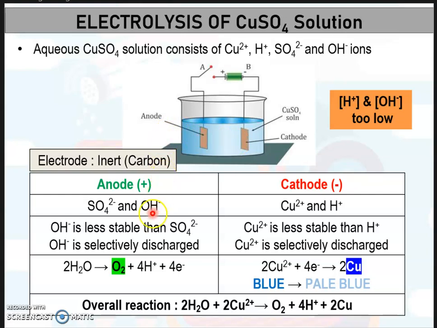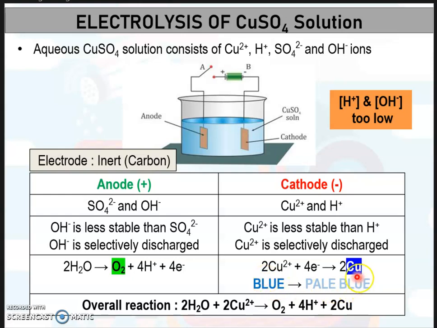Okay, so at the anode, since hydroxide ion is less stable compared to sulfate ion, you refer to the table. OH ion will be selectively discharged at the anode, according to this half cell reaction. While at the cathode, we have copper and hydrogen ion. Since copper is less stable compared to the hydrogen ion, copper is selectively discharged at the cathode.